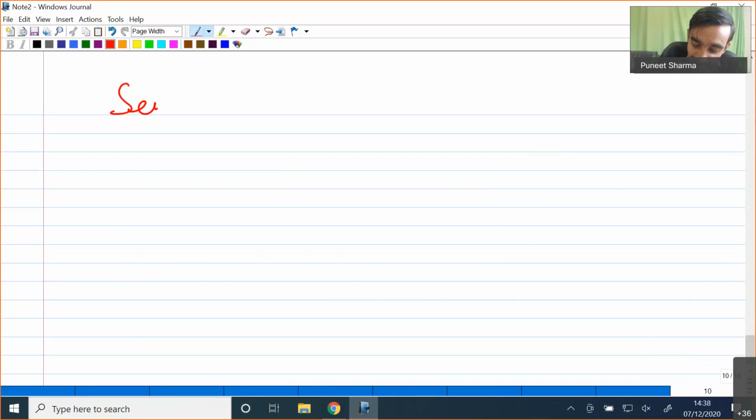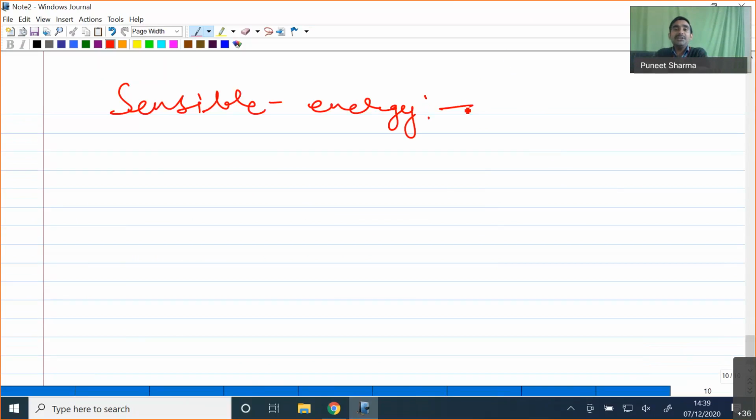If you go as per the definition of sensible heat, when we add a certain amount of energy and that amount of energy actually causes a change in temperature of the system, that particular energy we call nothing but our sensible energy.